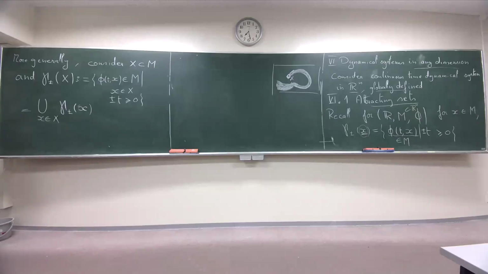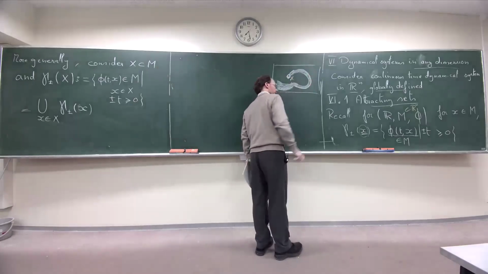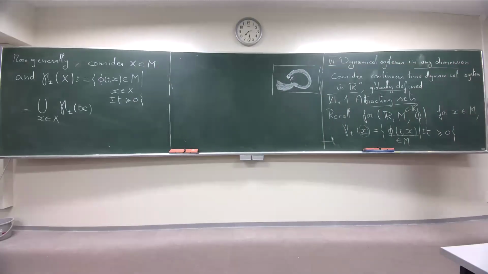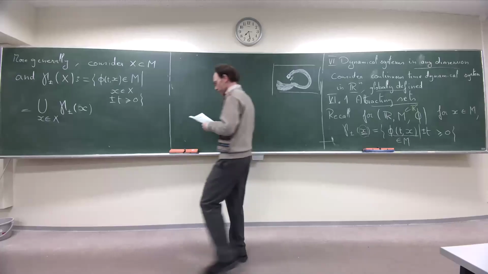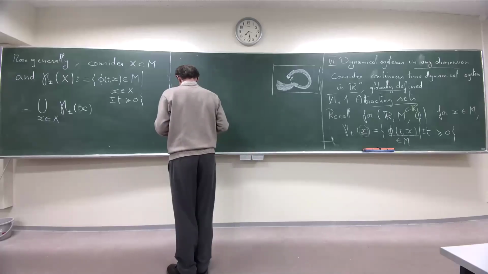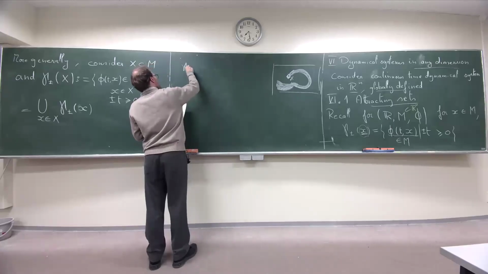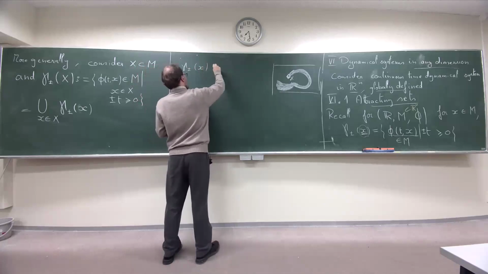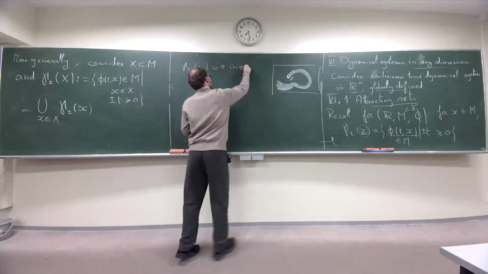So this is a picture. I start with a set X, and now instead of just one trajectory, I look at a family of trajectories. And we have seen that this set gamma plus minus of X is plus or minus invariant.